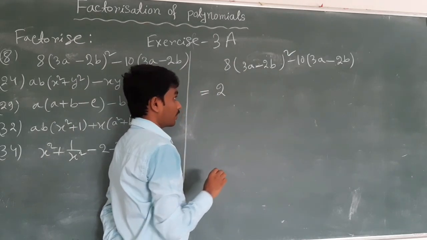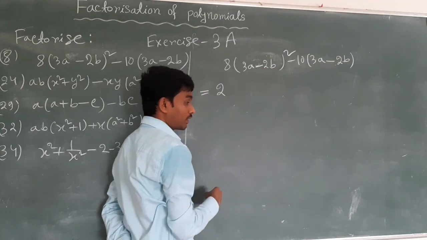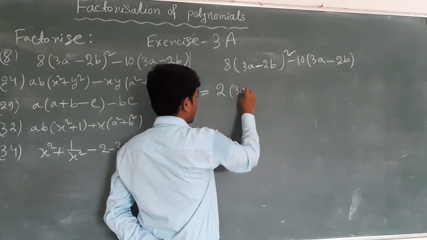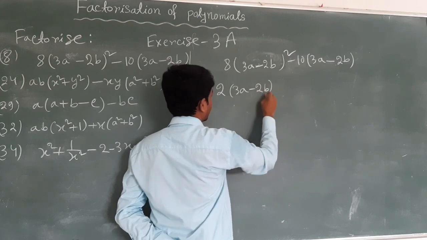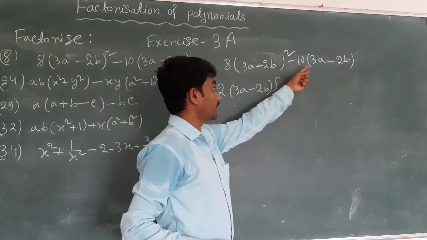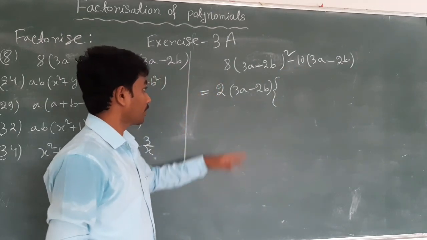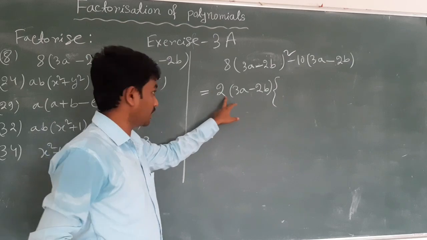The lowest power of 3a minus 2b and (3a minus 2b) whole square will be 3a minus 2b. So we divide each term of the given polynomial by their common factor.